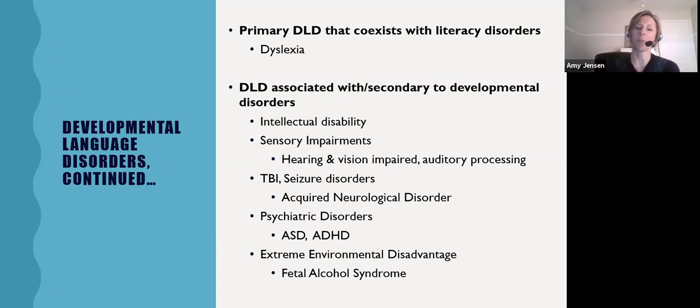And then you've got developmental language disorders that are associated with or secondary to existing developmental disorders, such as intellectual disability or sensory impairments like hearing and vision loss, TBI, seizure disorders, psychiatric disorders like ASD or attention deficit hyperactivity disorder, or also extreme environmental disadvantage. So things like fetal alcohol syndrome or extreme malnutrition can also be associated with language problems later on.